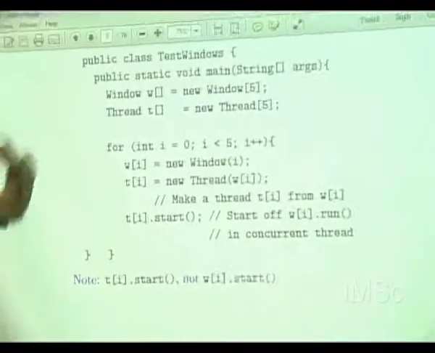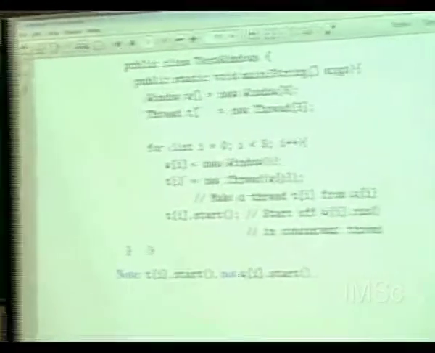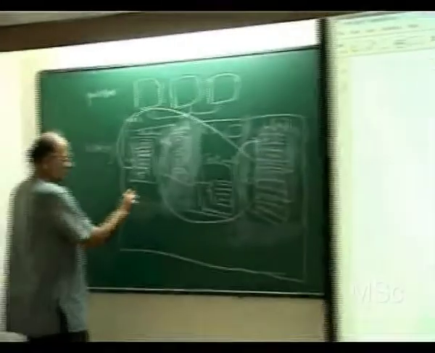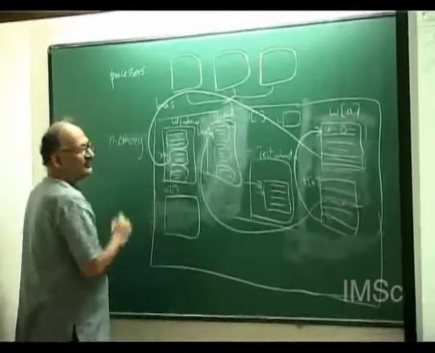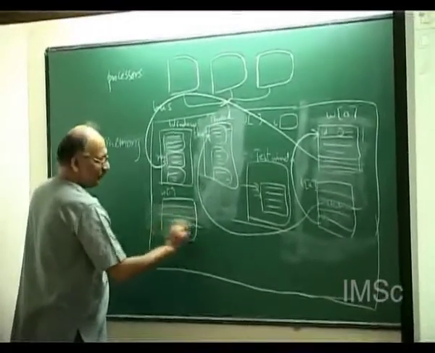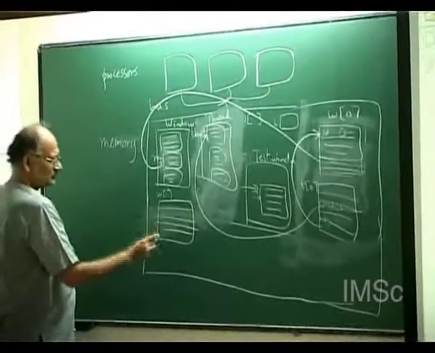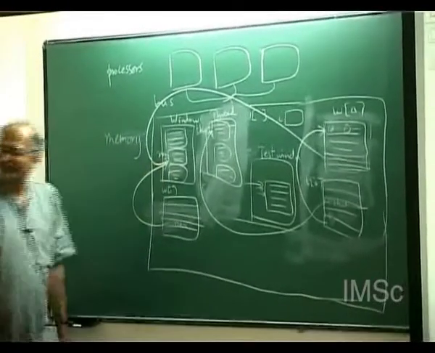Now you increment I. Now you create W1. What is W1? You do exactly the same thing that you did earlier. So here is W1. There is some run method inside this, and this run method is set to point here.